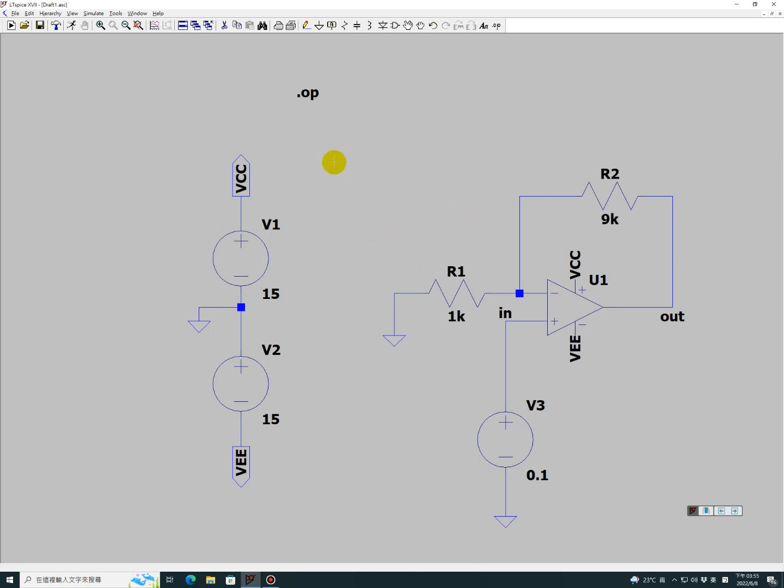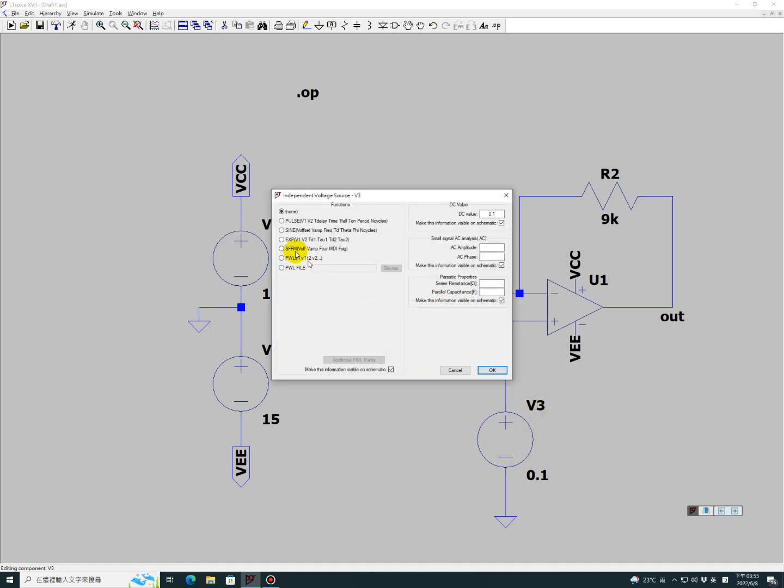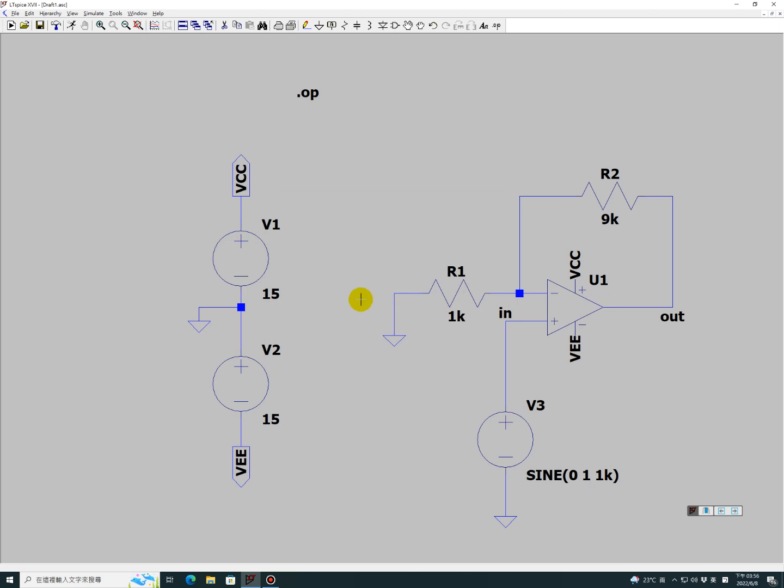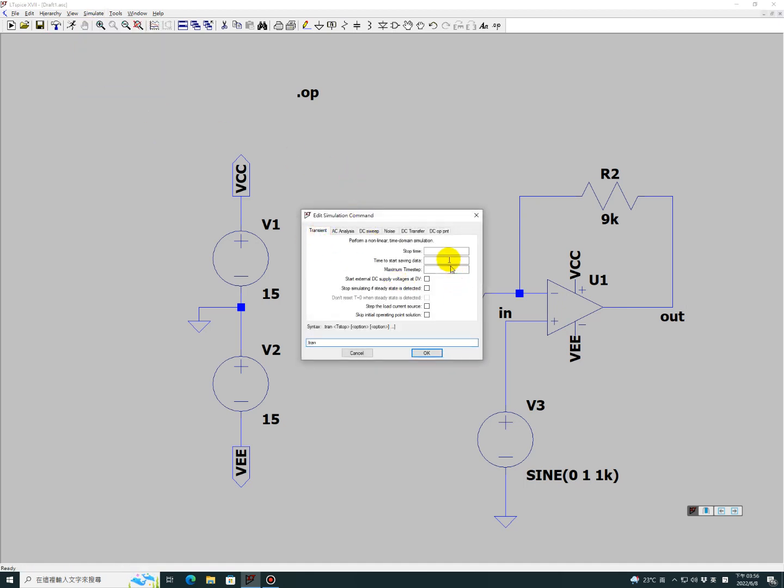Okay, let's check. If I put a sinusoidal here, the offset is 0, amplitude is 1, and the frequency is 1K. And what we will get, because it's 10 times, the output should be 10. Stop time, 10 milliseconds.